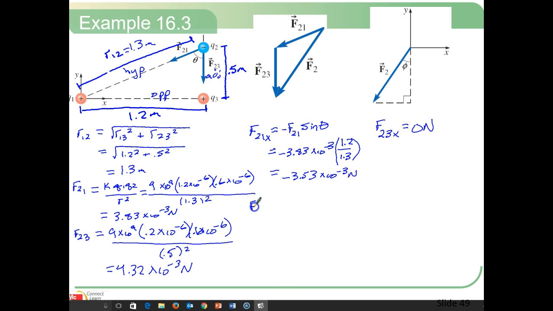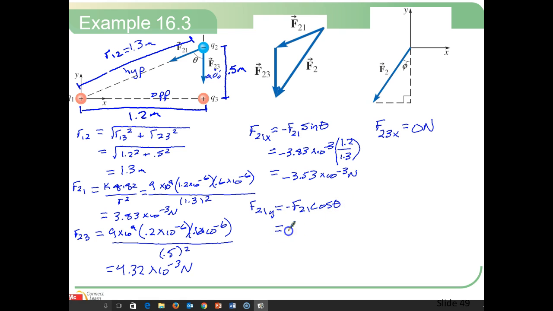Now we need to do the same thing in the y direction, so the force of 2 on 1 in the y direction. That would be the component of this force, which would be straight up and down, and that would be adjacent to our angle. So F21y is equal to negative F21 times the cosine of the angle.